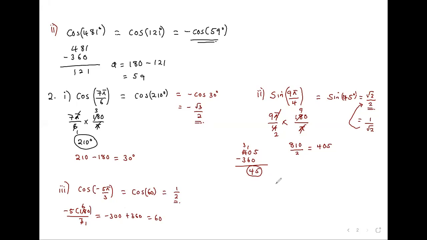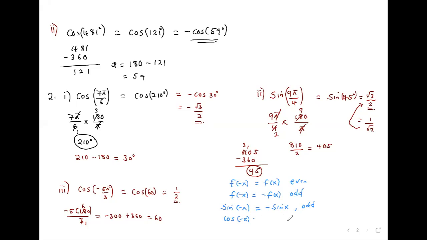You must also know that f of x is said to be even if it has this property, and f of x is said to be odd if it has this property. Now we're saying sine of negative x is the same as negative sine x, so sine is an odd function.